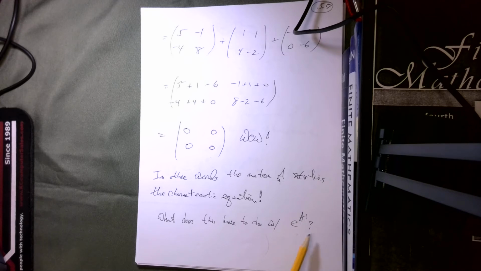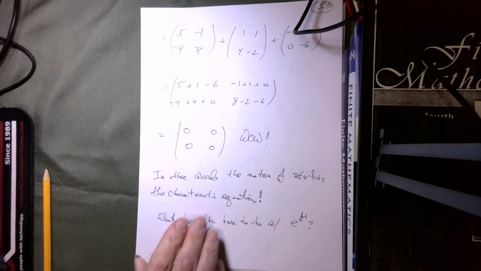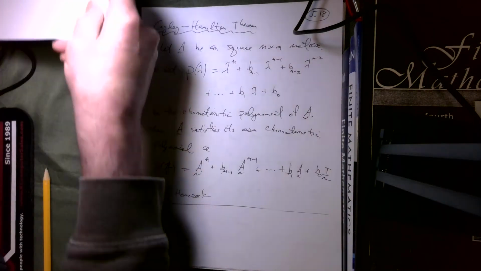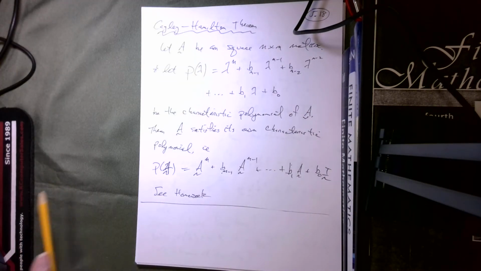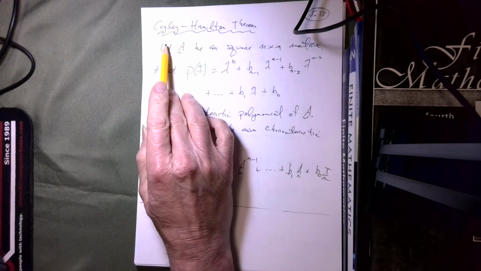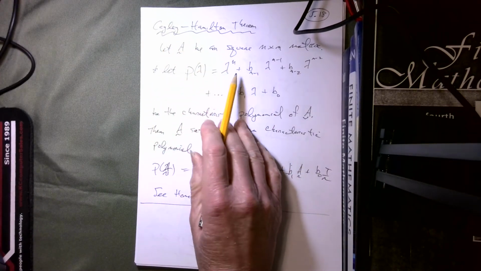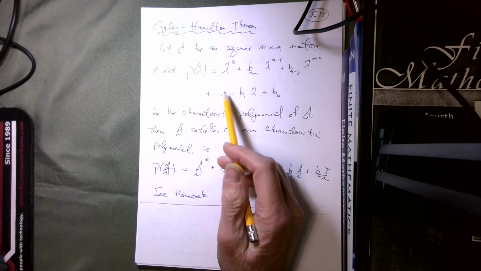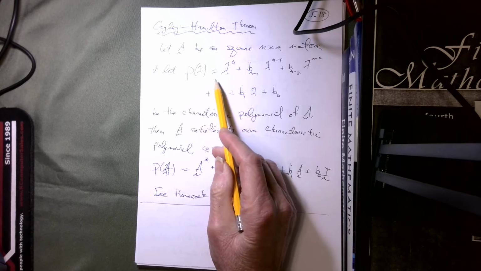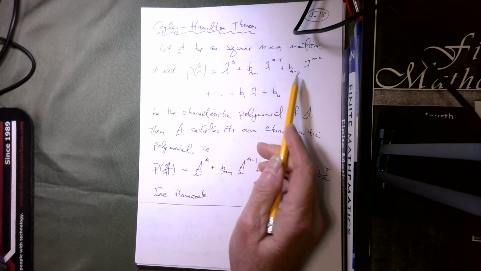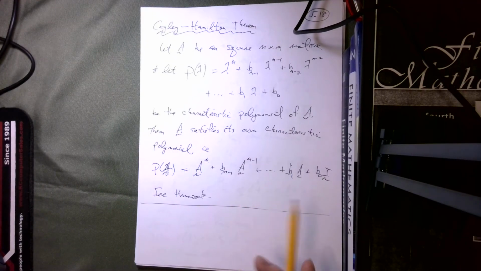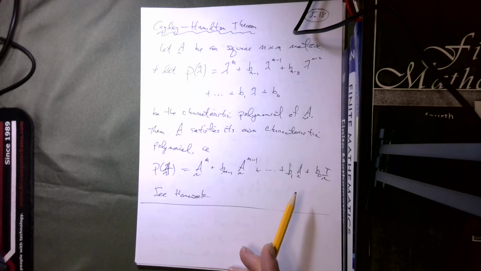Remember, if we try to approach it as a series, we get into big trouble. So here's where what's called the Cayley-Hamilton theorem comes from. It was observed that when you put the matrix into its characteristic polynomial, it satisfies its own polynomial.